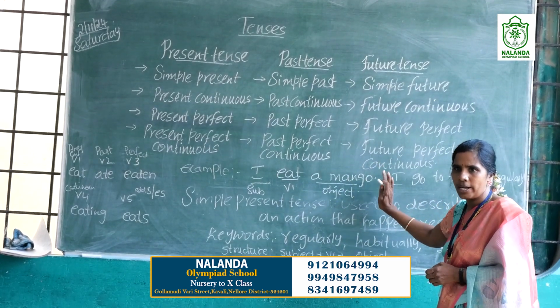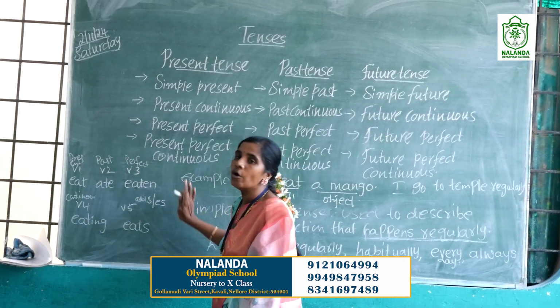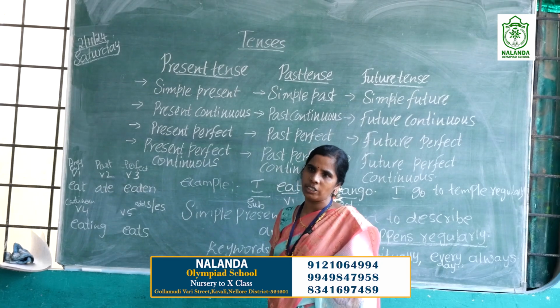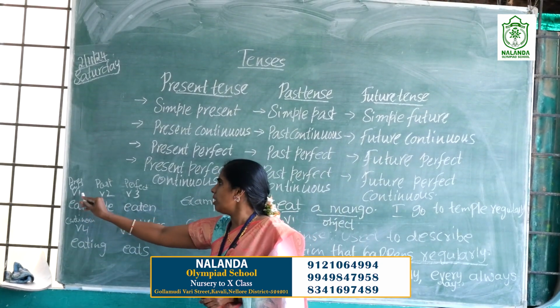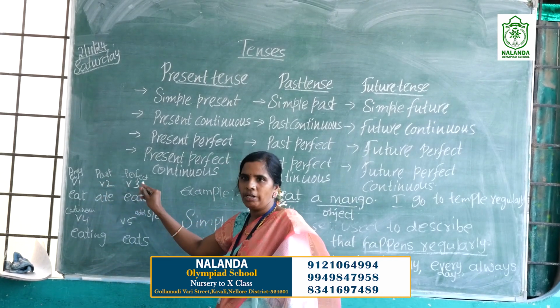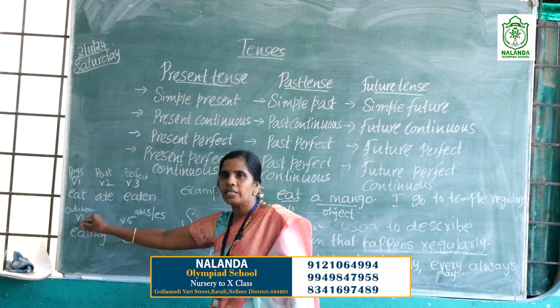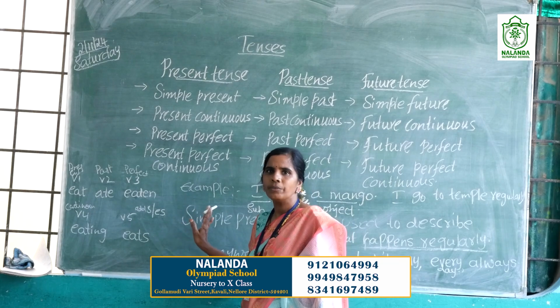If you want to write tenses perfectly, knowing the verb forms is very, very important, children. We have 5 verb forms: V1 the base form, used in present tense, V2 past, V3 in the perfect, V4 in the continuous, and for V5 we add S or ES to the verb.